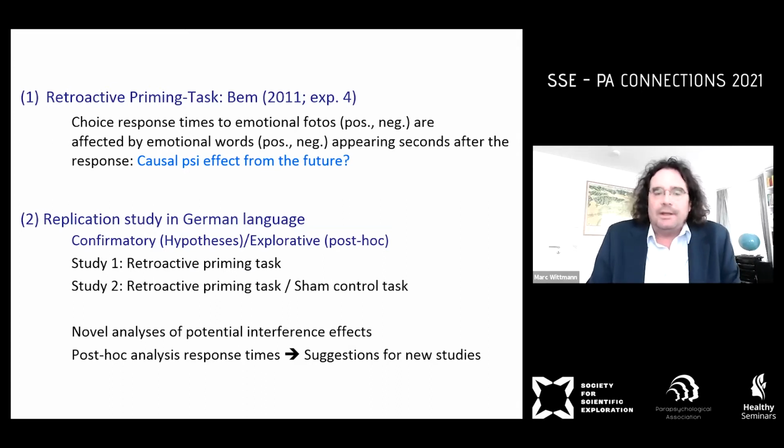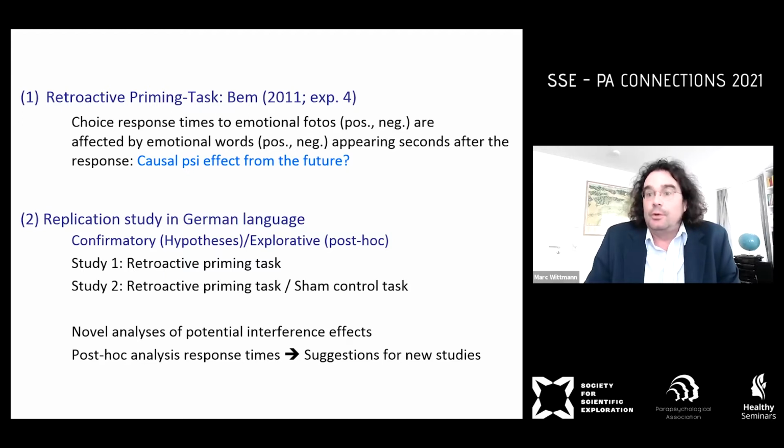So what we did now was a replication study in German language, and I'll present two studies on this, where I'll have confirmatory hypotheses, which we looked at, and of course also did some exploratory testing post hoc. In study 1, we used the retroactive priming task I'll be talking about shortly.